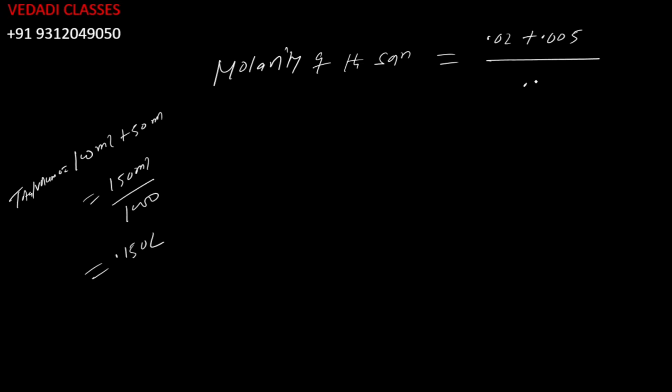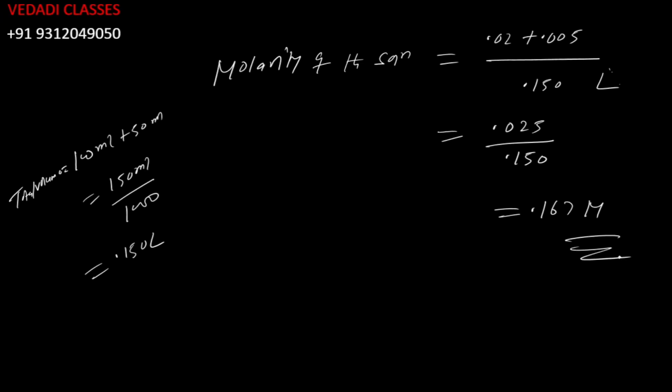So the total number of moles is 0.025 divided by 0.150, moles upon volume of the solution in liter. This is the molarity of the resultant solution. When you solve this, it will come 0.167 M. So this is your answer.